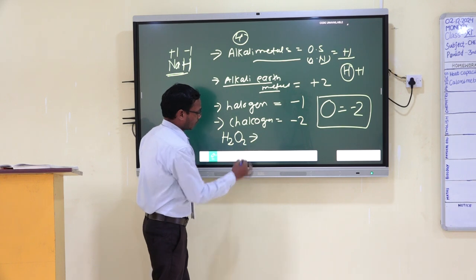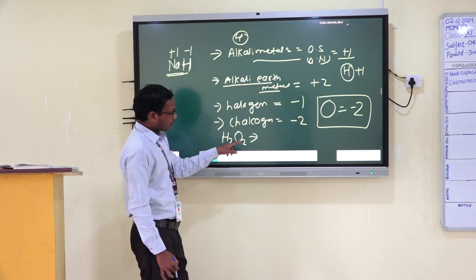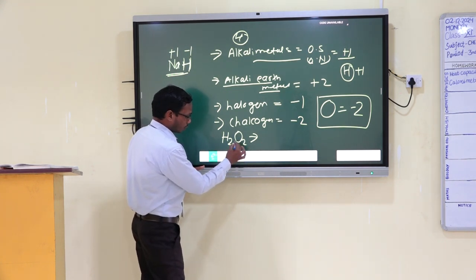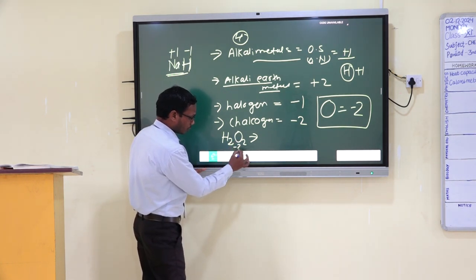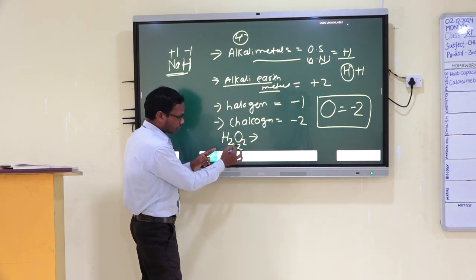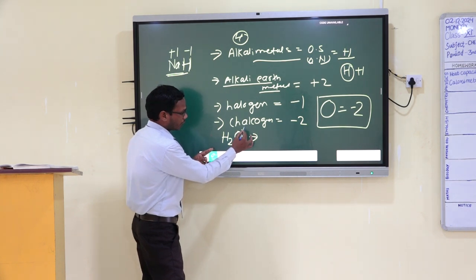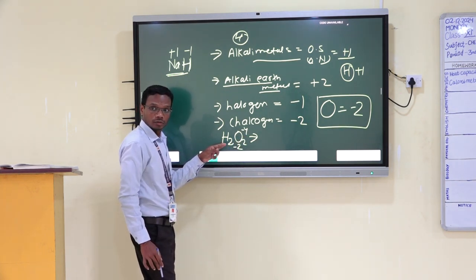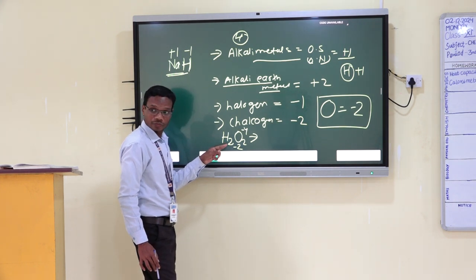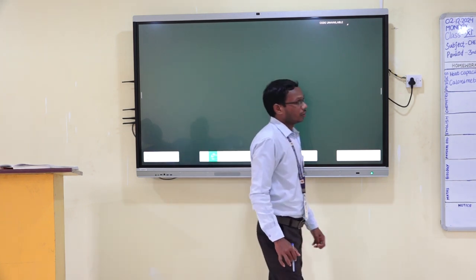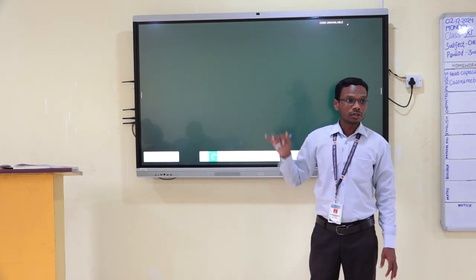If the oxidation number of oxygen is taken as -2 in H2O2, then the total charge of oxygen will be -4. Now the charge of hydrogen will be +2. There are some exceptions in the oxidation state.